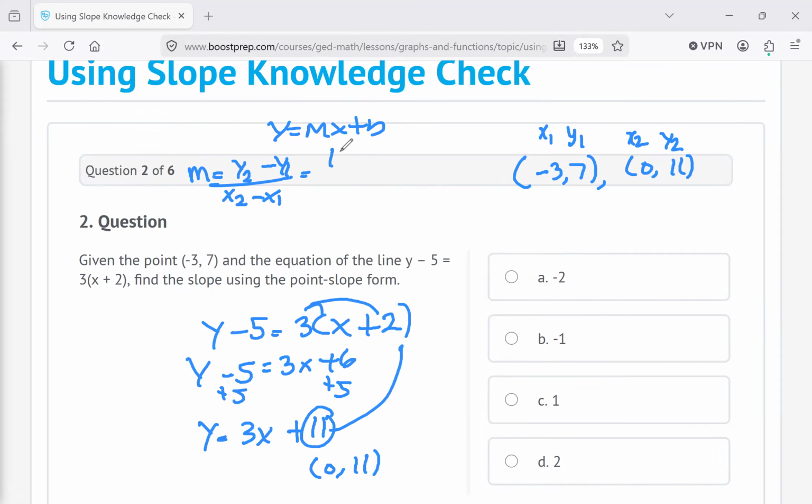So y2 is 11 minus my y1 is 7, over my x2 is 0, minus my x1 is negative 3. So what is 11 minus 7? 4. And then over here, two negatives becomes a positive. Still don't get my answer.